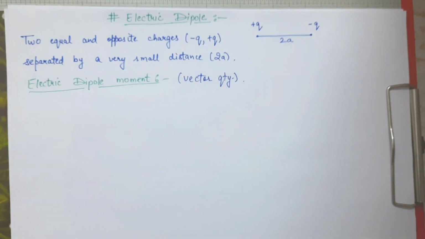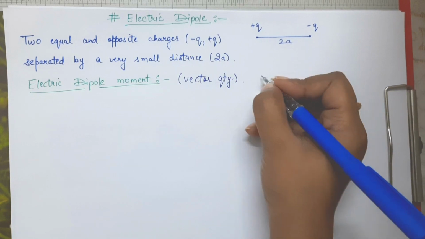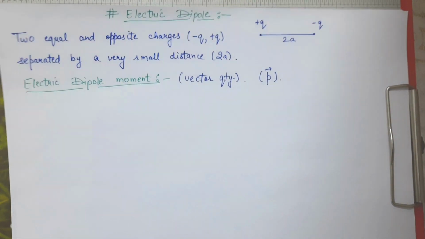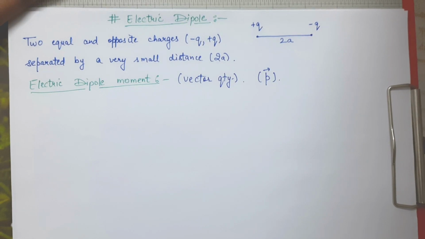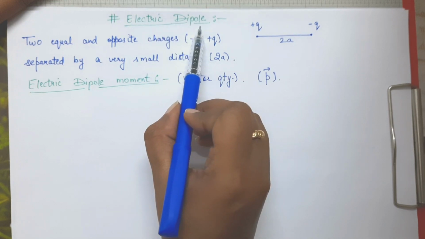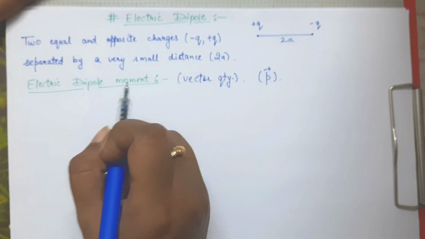That means it also has direction, and we represent electric dipole moment as P, like this. This is the symbol for electric dipole moment. And basically that electric dipole which we have discussed is characterized by electric dipole moment.